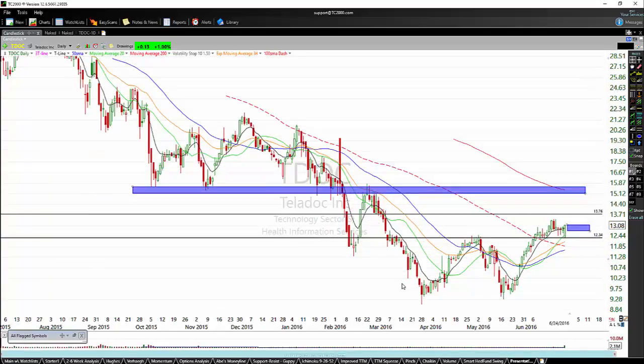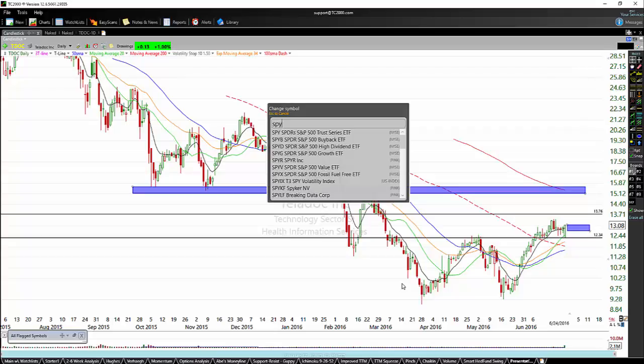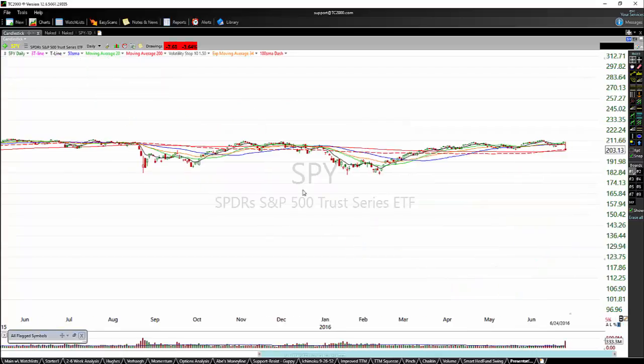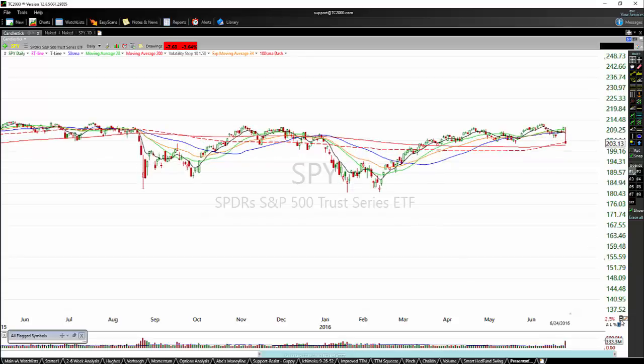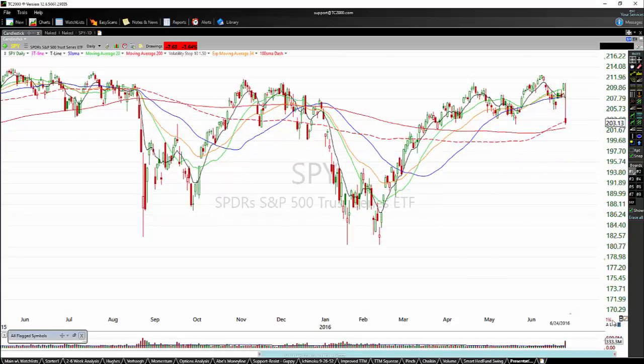Okay, with that trade chosen, we need to look at the overall market. So I'm going to pull up the SPY ETF, which tracks the S&P 500, and let's expand things so that we can see it. We need to look at what we think the short-term market bias is, and then what the longer-term bias would be as well.